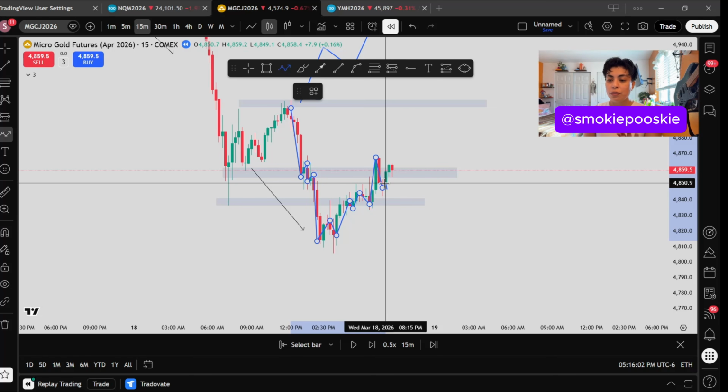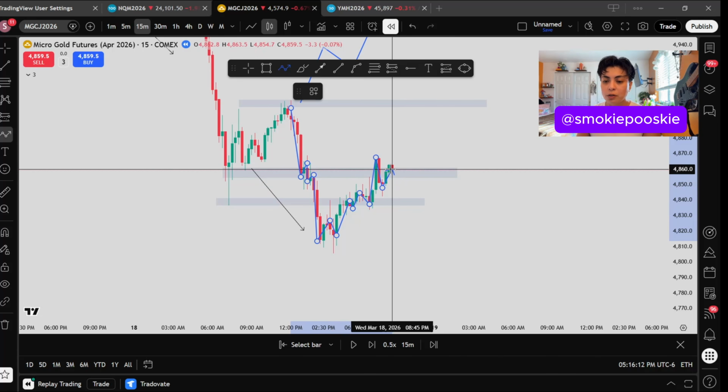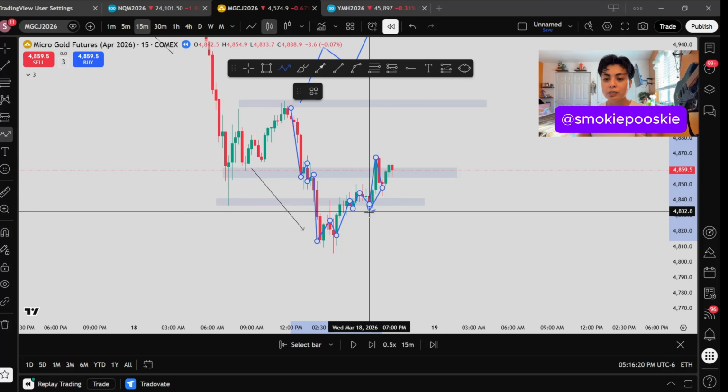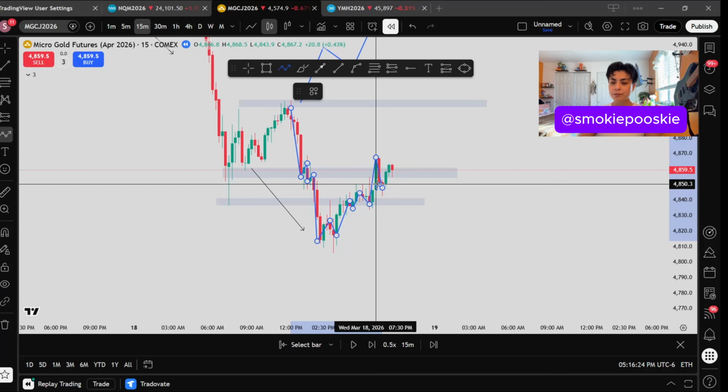When do I know that correction is going to be over? Notice we're only on the 15-minute time frame right now. When do we know this correction is going to be over? The same exact logic applies. It's going to stop building bullish structure, and it's going to start building bearish structure.